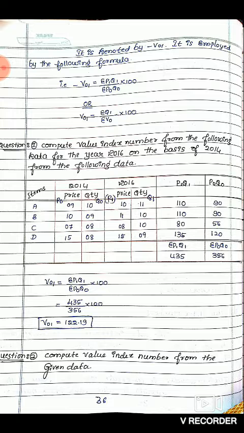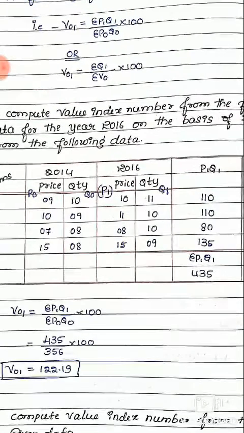So always we cannot say value index number. Instead of that, symbolically we use V01. V01 in the sense value index number, and also it is computed by the following formula. So V01 is equal to sigma P1 Q1 divided by sigma P0 Q0 into 100.